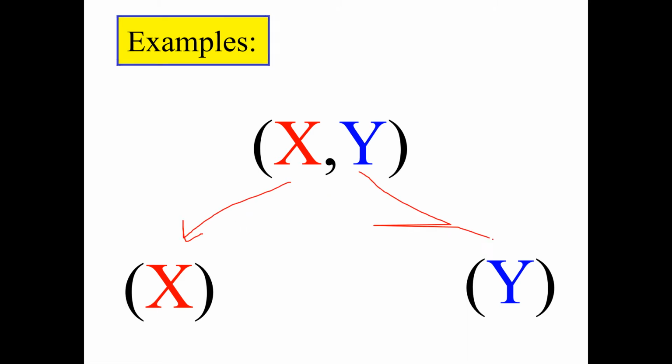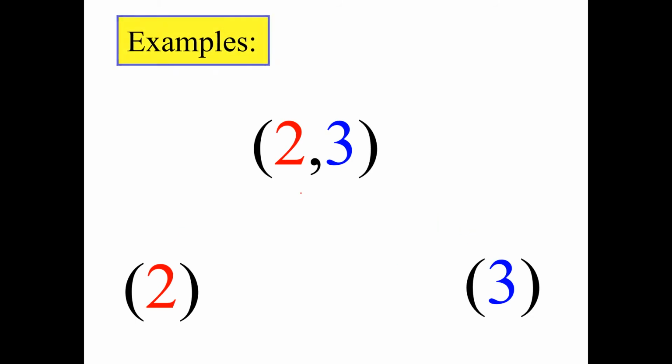Okay. Now I do the same thing. These aren't labeled, but I know that this is my x, and there's my y. Alphabetical order. X's go here. Y's go here.